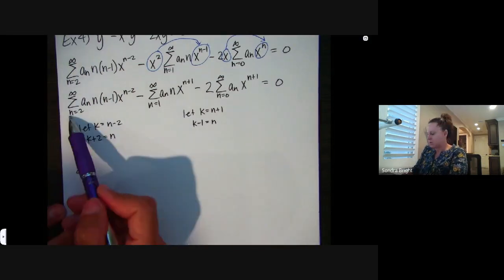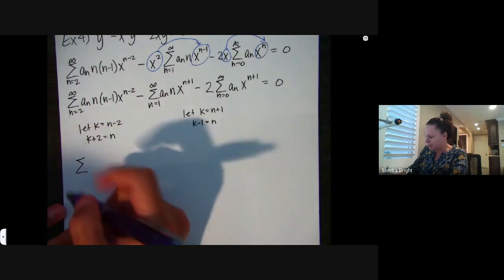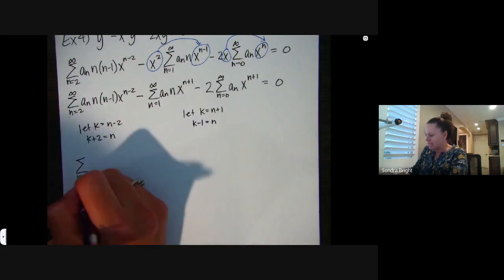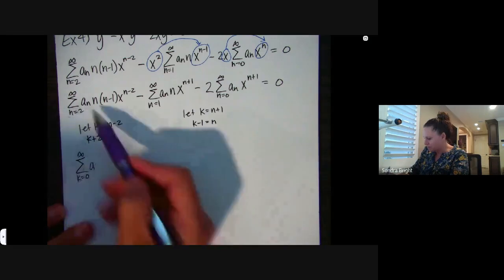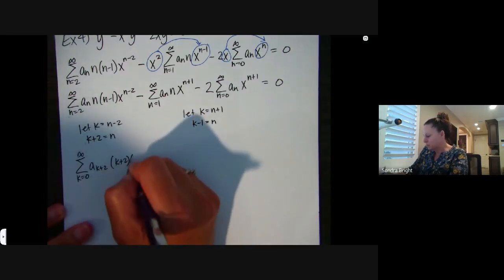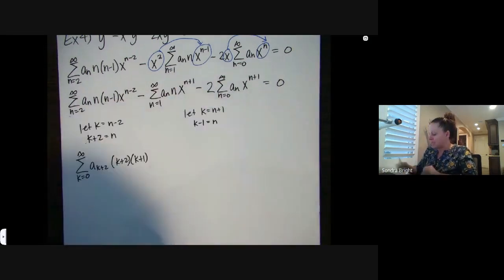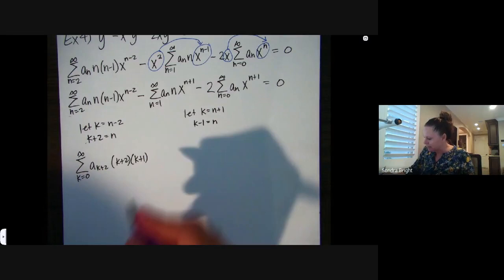So k plus 2 equals 2 means I'm starting with k equals 0 to infinity. A sub n is a sub k plus 2, times k plus 2 times k plus 2 minus 1, which becomes k plus 1, and then x to the kth power.